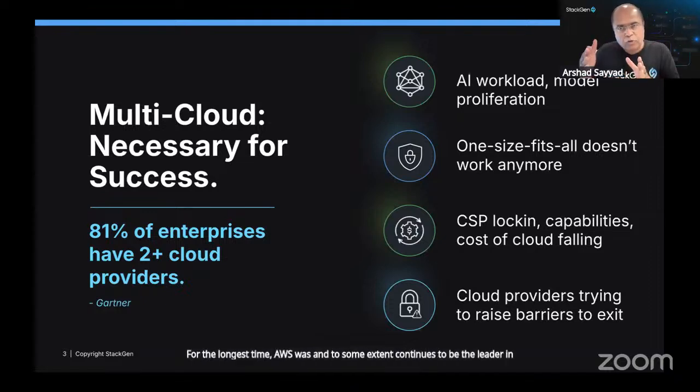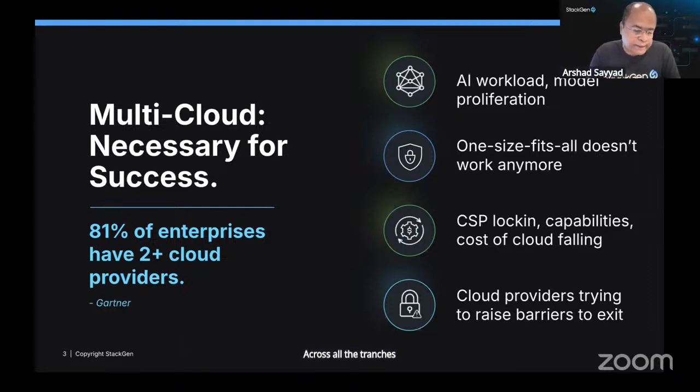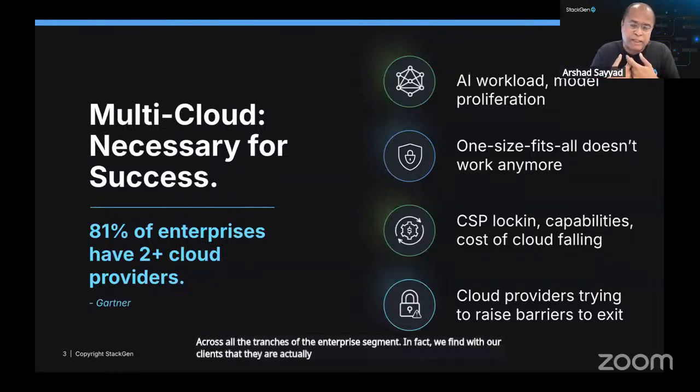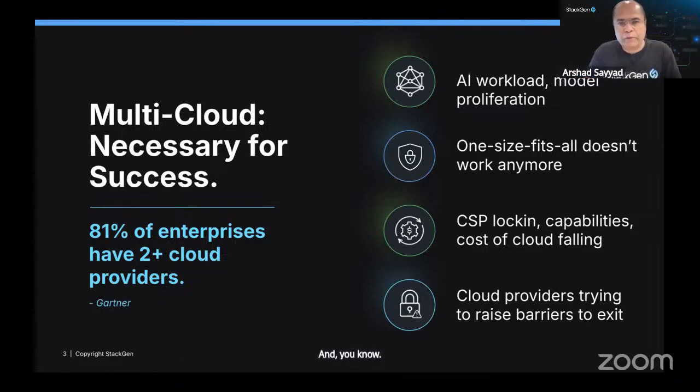But now there are so many more cloud providers that have evolved and are emerging on the marketplace across all the tranches of the enterprise segment. In fact, we find with our clients that they are actually making choices around their environments, their workloads, and their cloud providers, availing of the opportunity to use multiple cloud service providers.